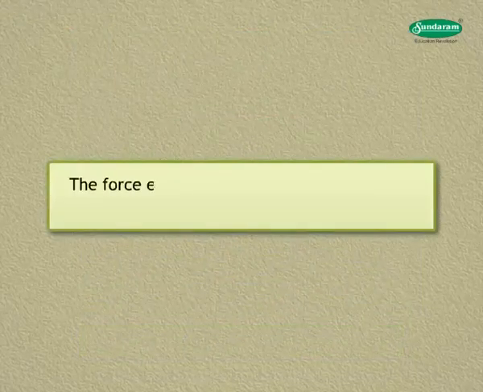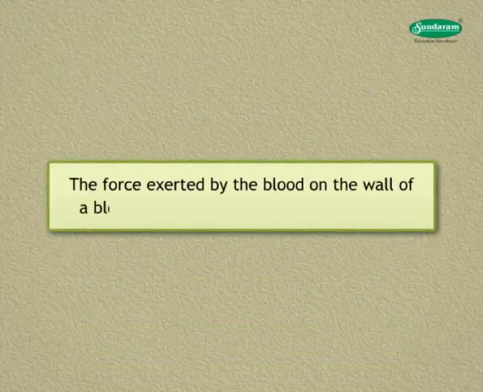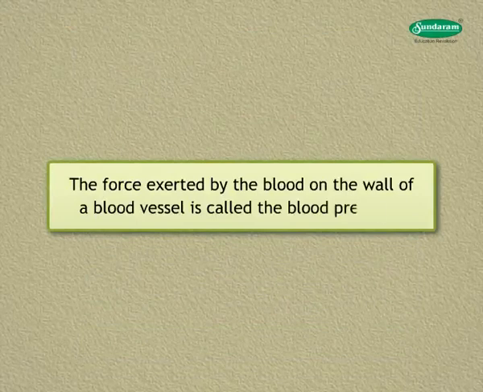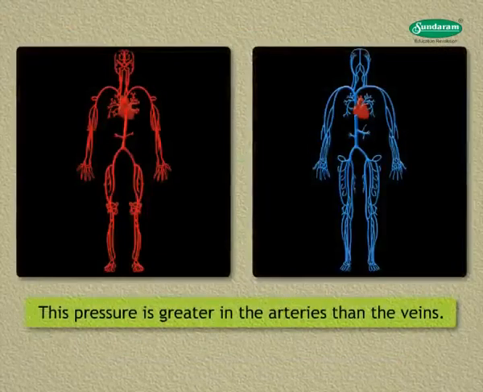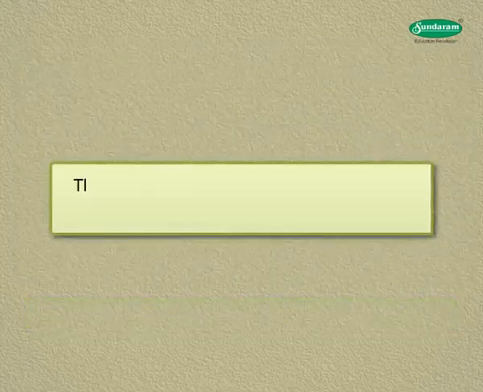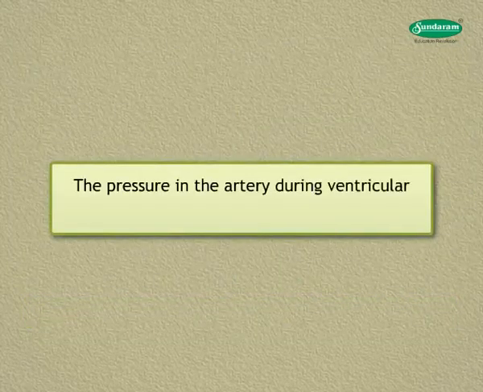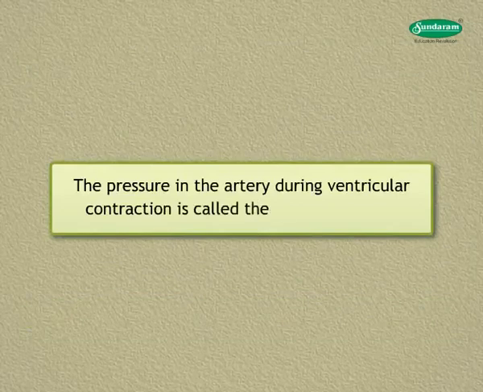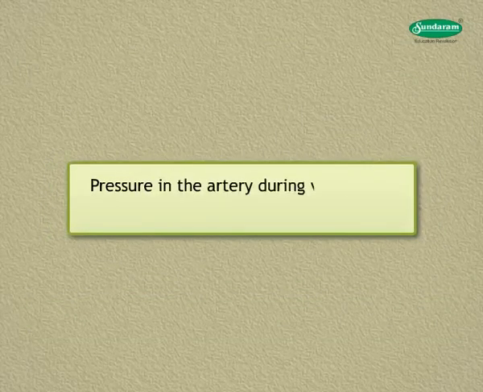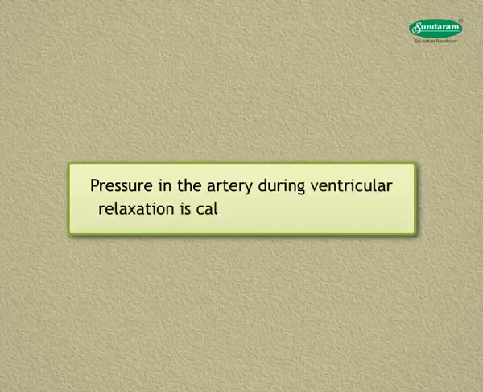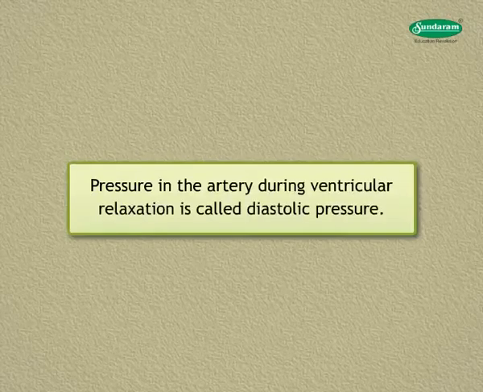The force exerted by the blood on the wall of a blood vessel is called the blood pressure. This pressure is greater in the arteries than the veins. The pressure in the artery during ventricular contraction is called the systolic pressure, and the pressure in the artery during ventricular relaxation is called diastolic pressure.